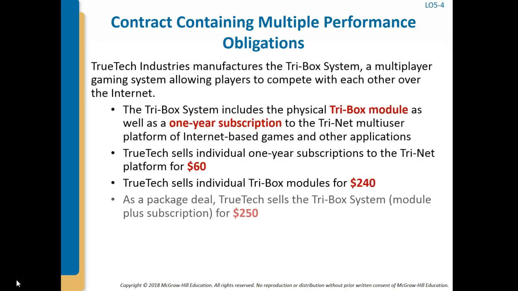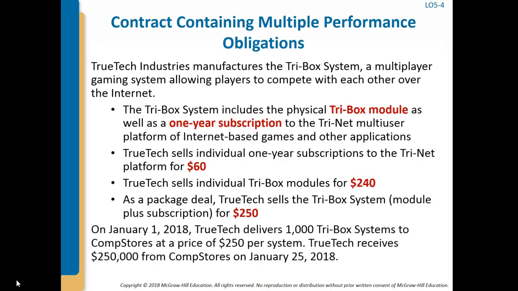So to consider revenue recognition for contracts that contain multiple performance obligations, let's combine our previous 2 illustrations. Assume TrueTech sells a package deal called a TriBox system. Each TriBox system includes a TriBox module and a 1-year subscription to the TriNet.